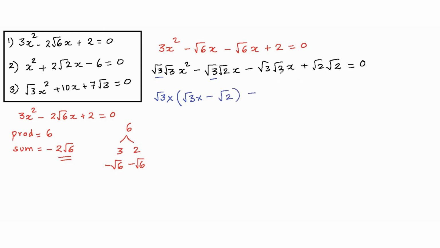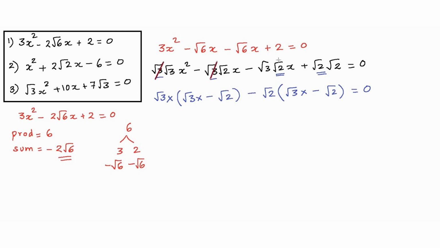From these two terms, you will notice that root 2 is common. So let's pull it out and let's see what is left inside. I have pulled root 2 out and this root 2 out. So I am left with root 3 into x, that's root 3x. From the positive sign I have pulled out a negative sign, so the sign flips. I have pulled out 1 root 2, so 1 root 2 is still left inside. To make it easier, let me just strike out the terms that are taken out as common.